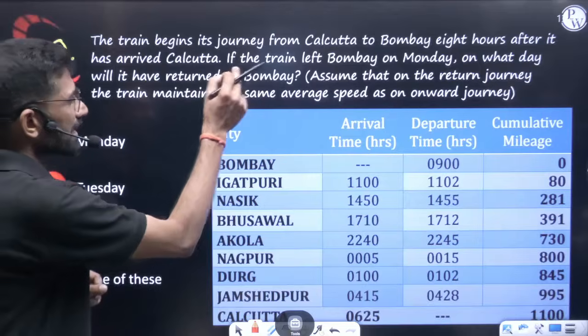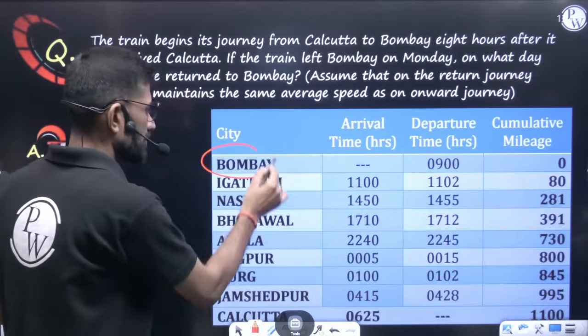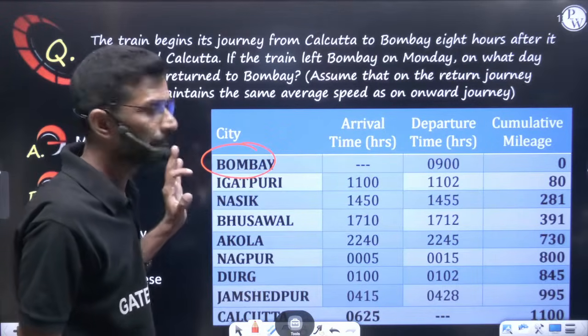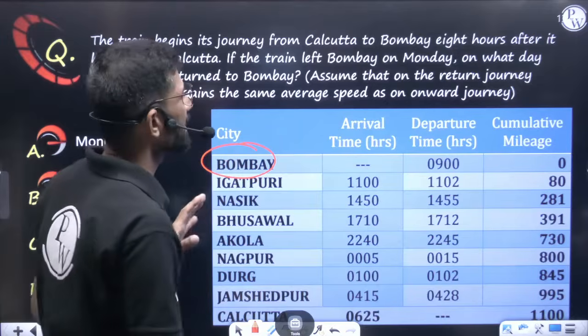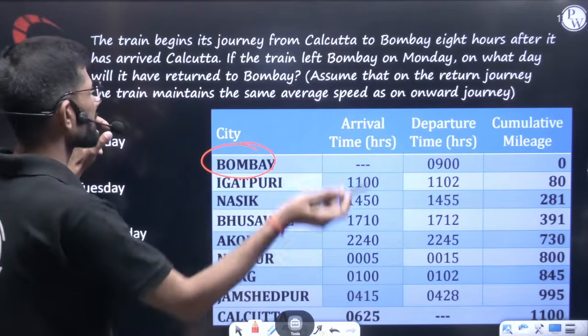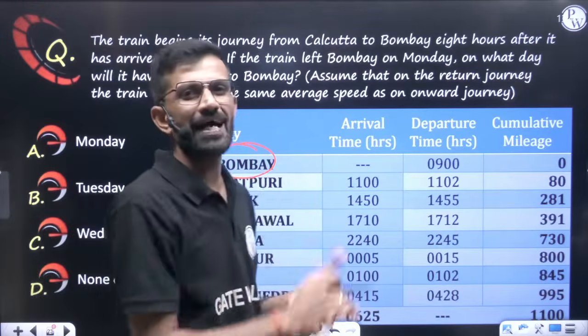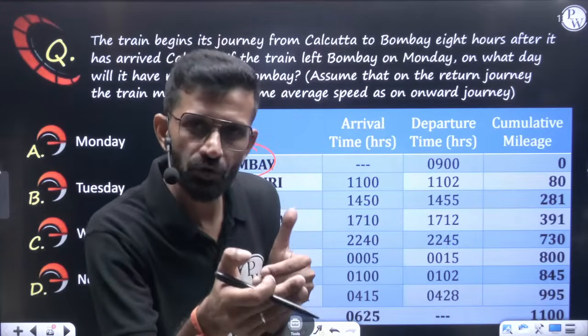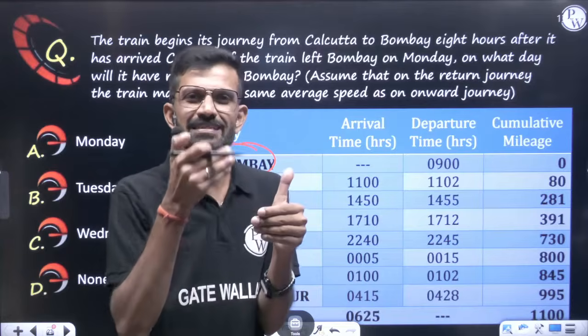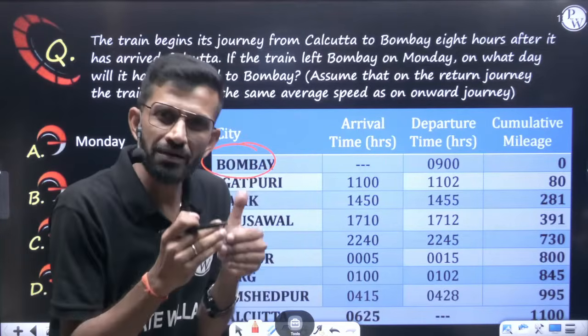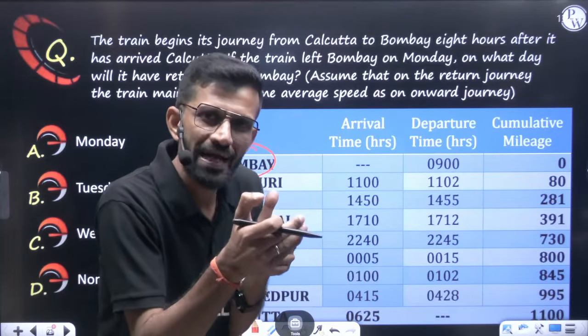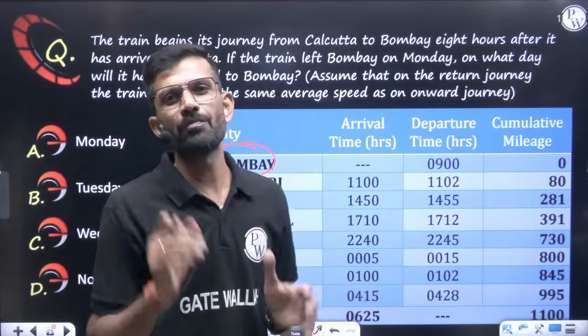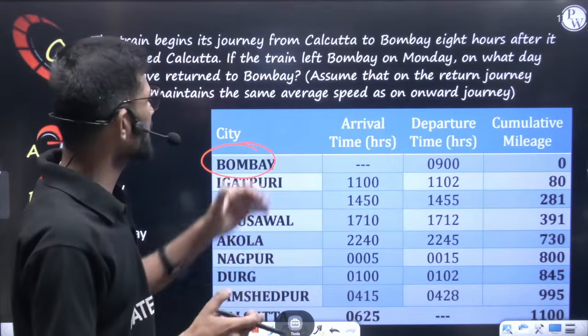If the train left Bombay on Monday, it started on Monday. On what day will it have returned to Bombay? Means which day it will come back again to Bombay. Same train, from Bombay it is going to Kolkata, stopping at Kolkata for 8 hours, and again returning to Bombay. So from starting, it started from Bombay on Monday. When it will come back to Bombay, which day it will be, that is what they are asking.